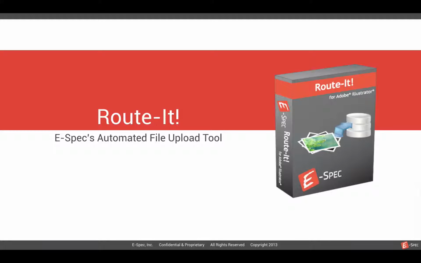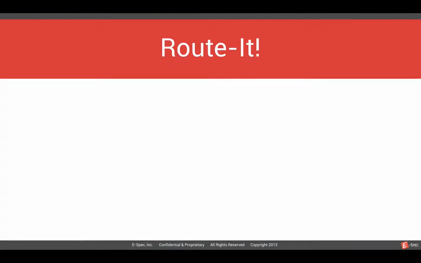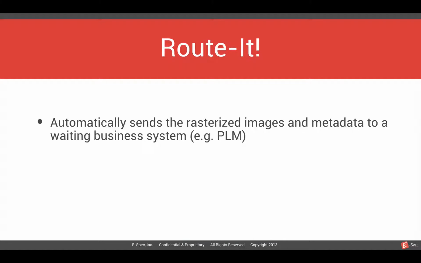Another option that you have to enhance your workflow is with our Routit plugin. Routit is an automated file upload tool. So what does Routit do exactly? It automatically sends these rasterized images and the metadata to a waiting business system, like a PLM or digital asset management.